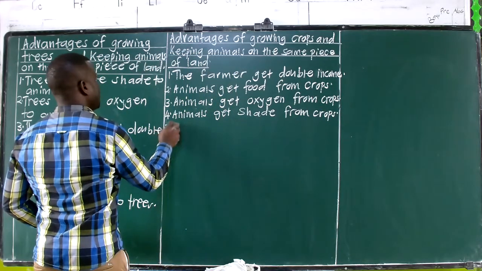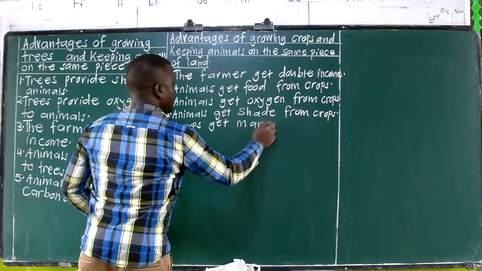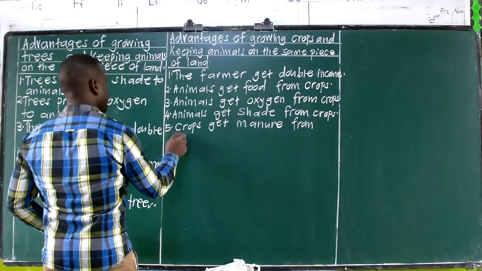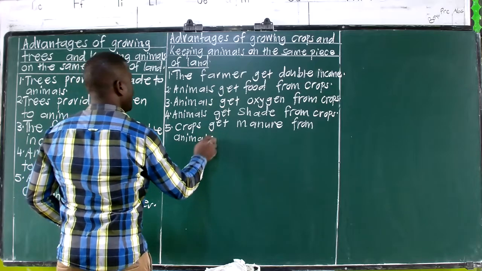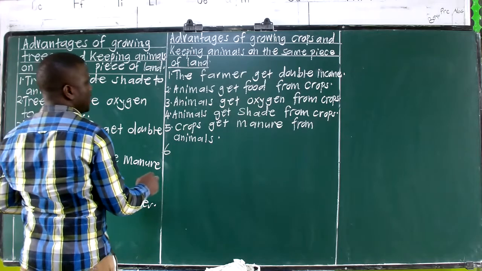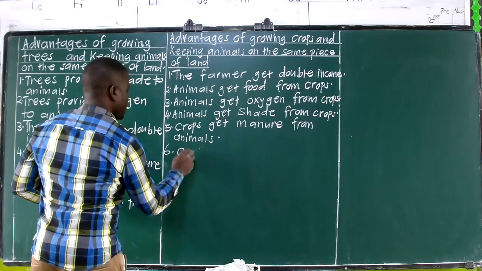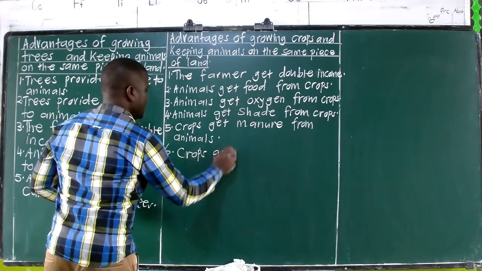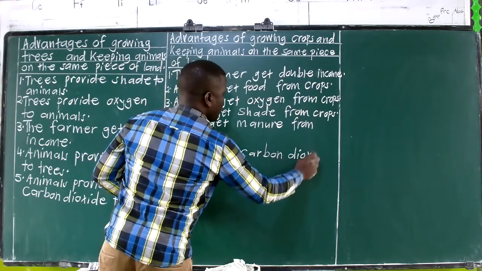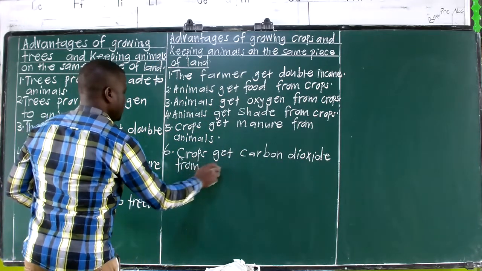Then crops get manure from animals. And number six, apart from manure, crops also get carbon dioxide from animals.